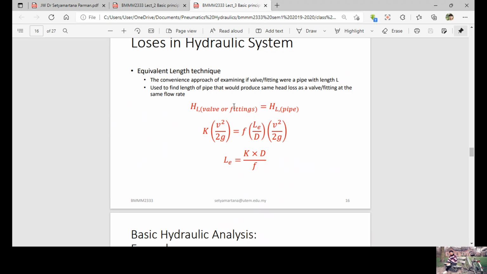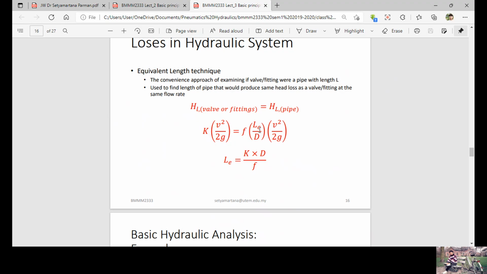Due to the valve and fitting, we have K V squared over 2G. And for the straight pipe, we have F L, the length, over D, multiplied by V squared over 2G.